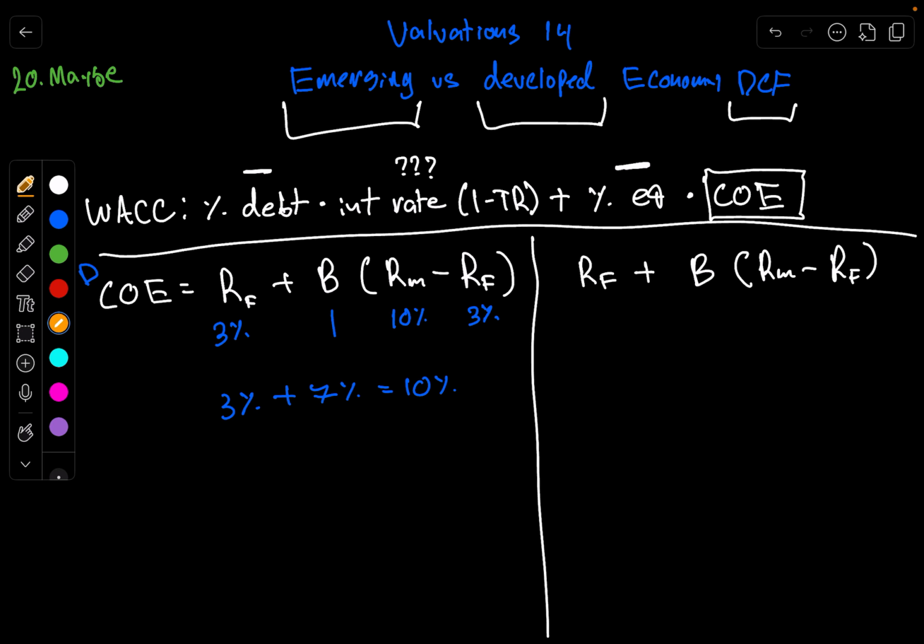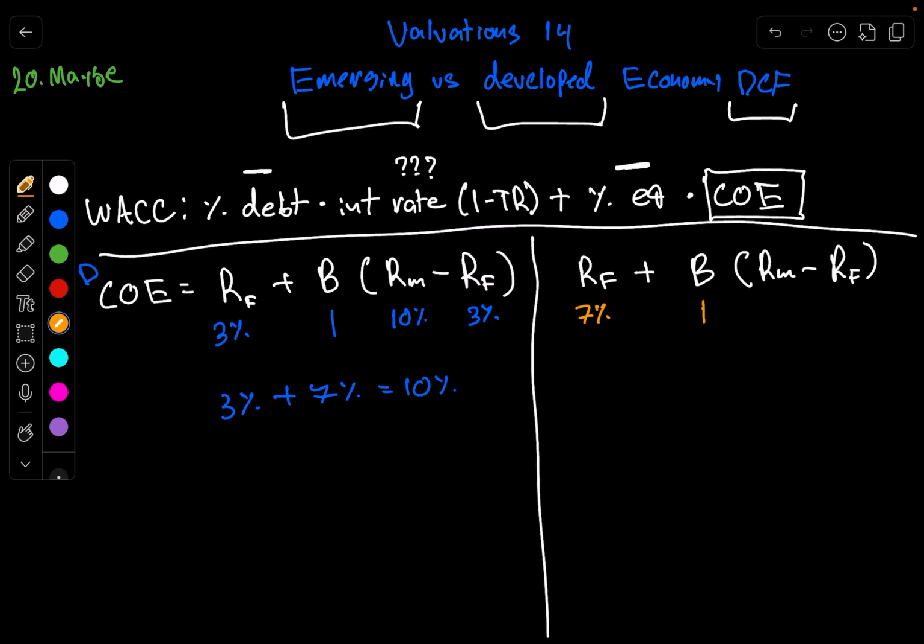Because of that, you're going to require a higher risk-free rate. So let's say that the risk-free rate here is 7%. Let's say beta is the exact same, and the return on the market in those emerging economies is typically higher as well, because investing in those economies is typically riskier.